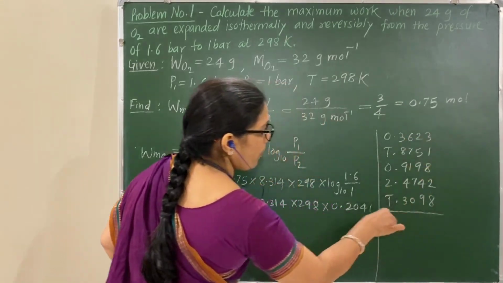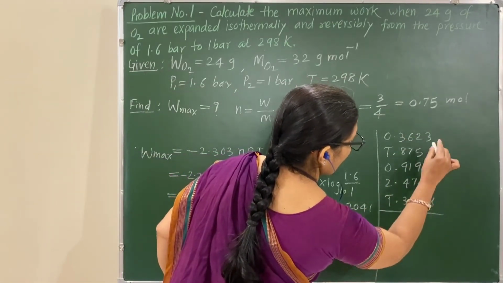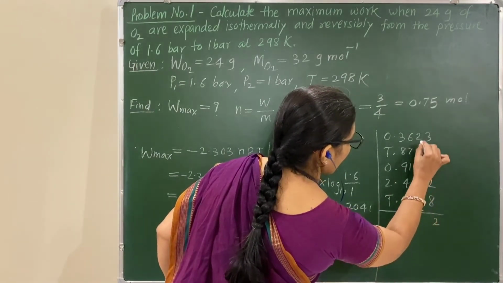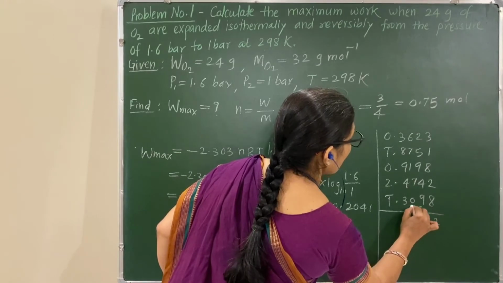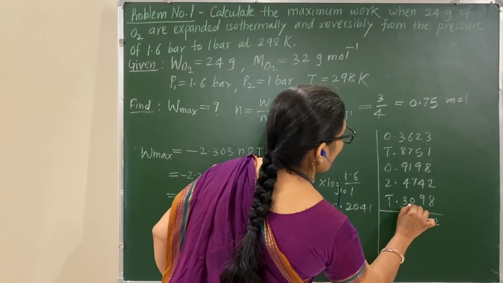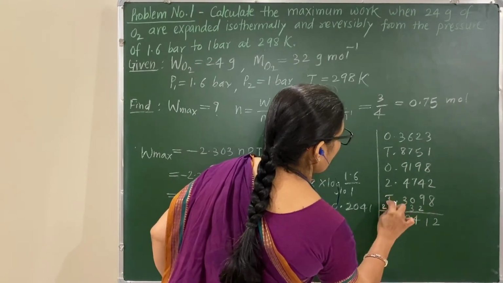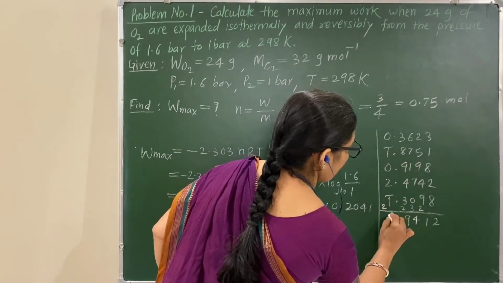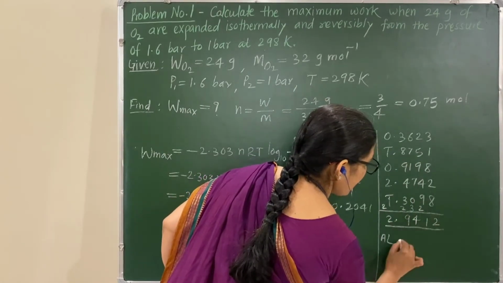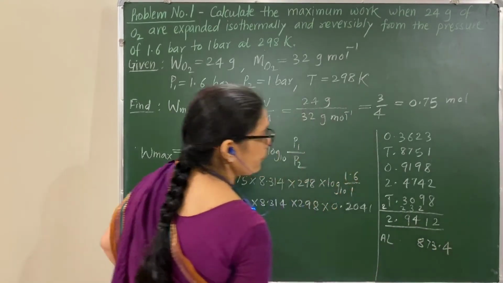Now addition of all these logs, here multiplication, then the antilog of this is 873.4.